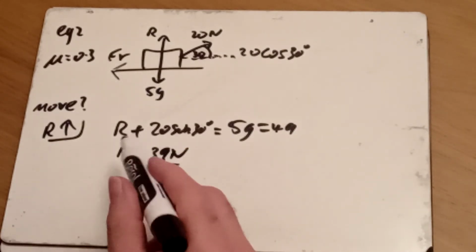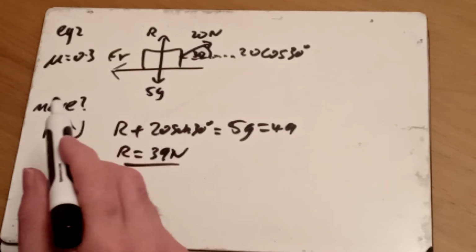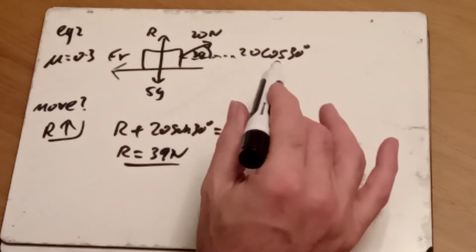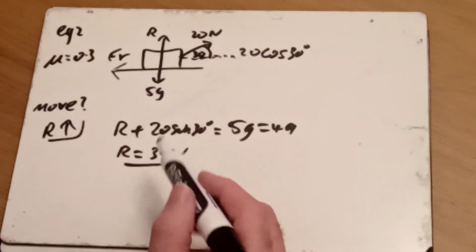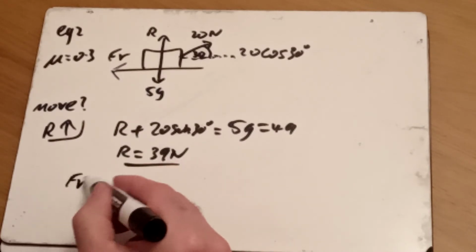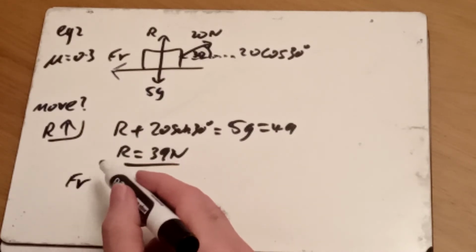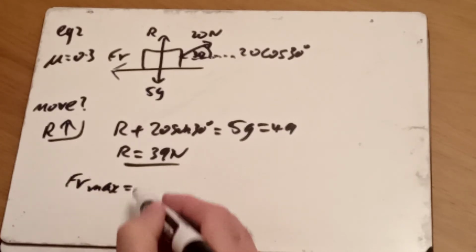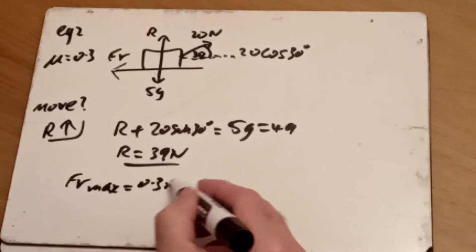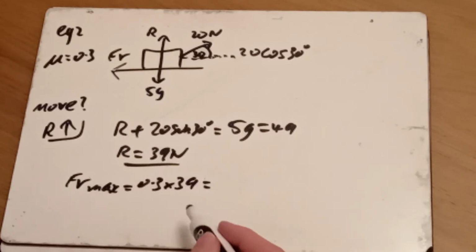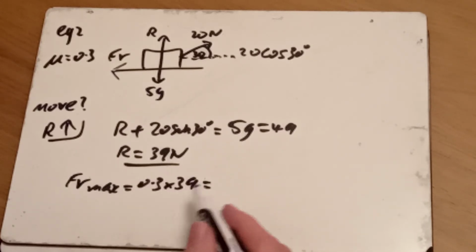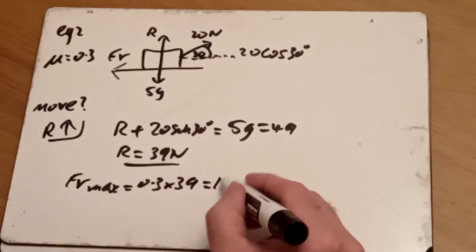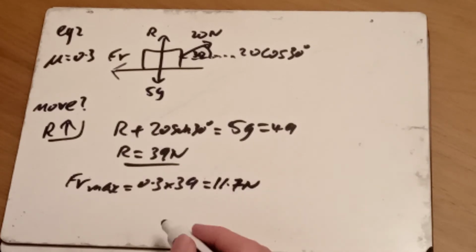Now horizontally, if it's moving, then the 20 cos 30 will be bigger than the maximum value of friction. Well, friction max, because it's potentially moving, is going to be 0.3 times 39. 0.3 times 39, 3 times 4 is 12, 11.7 newtons.